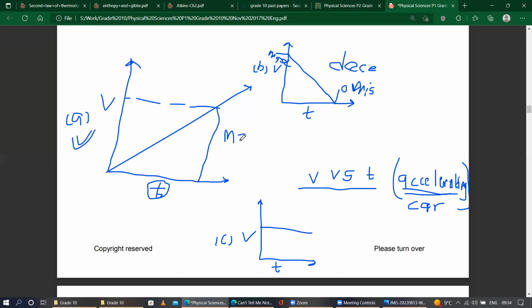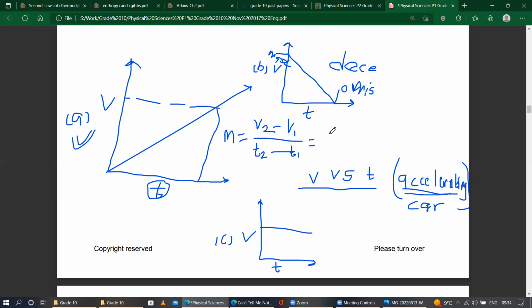The gradient is y2 minus y1, which means v2 minus v1 divided by t2 minus t1.